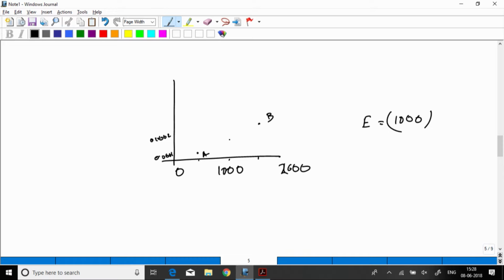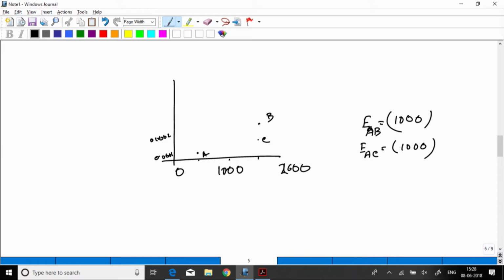And if you have some point C here, the Euclidean distance between A and B and between A and C will be the same, near thousands only, right? Because you are not giving any weightage to this axis, which has such tiny data.